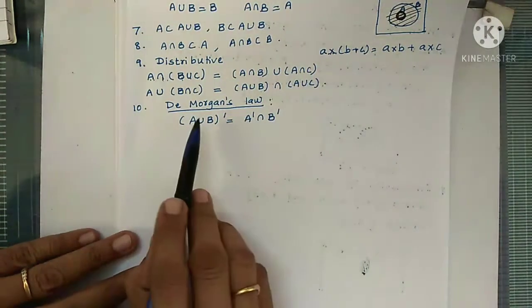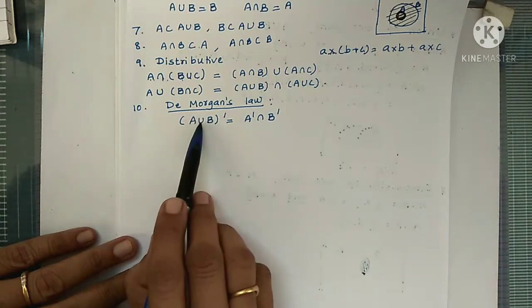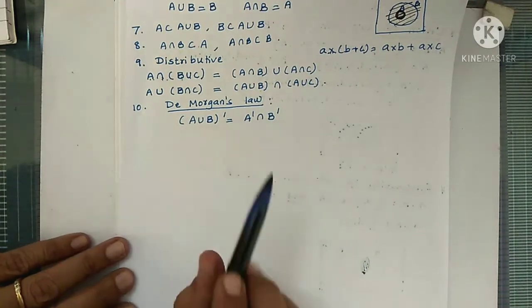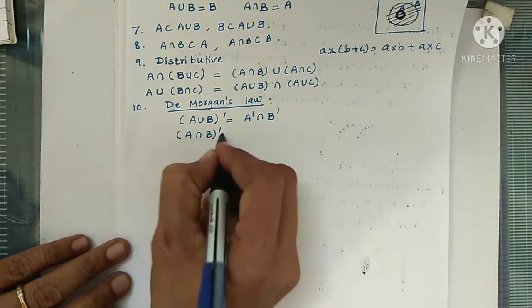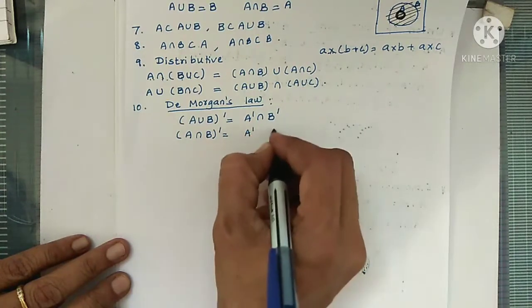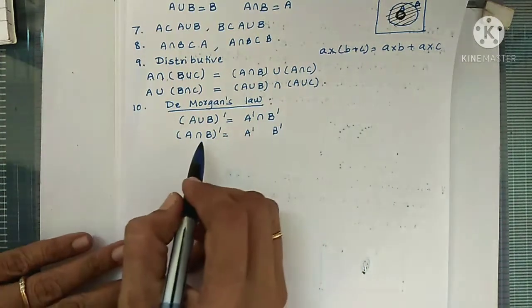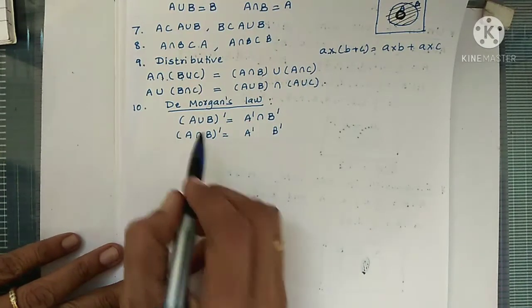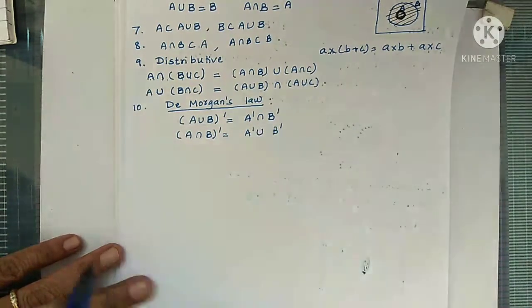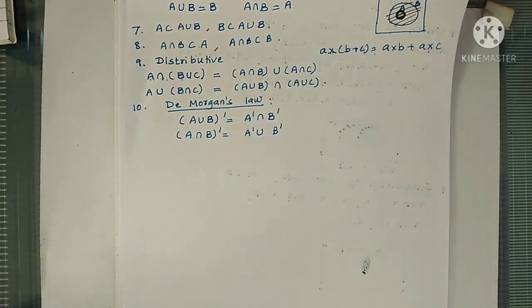So the property says we have to write the complement of both the sets and we have to change this sign. Instead of union, it is intersection. And if it is (A intersection B) dash, then we have to write the complement of both the sets and interchange union and intersection. So now replace this intersection by union. So it is A dash union B dash.